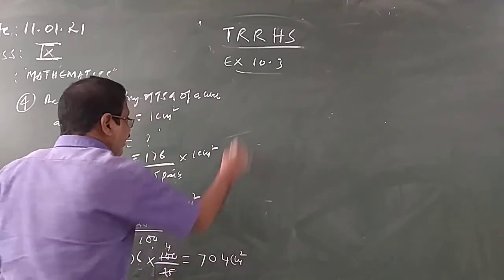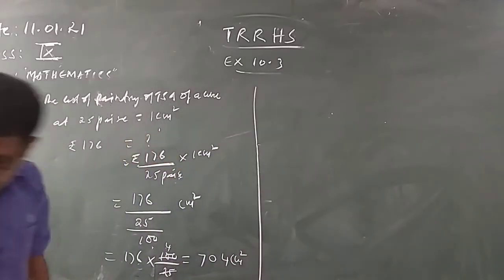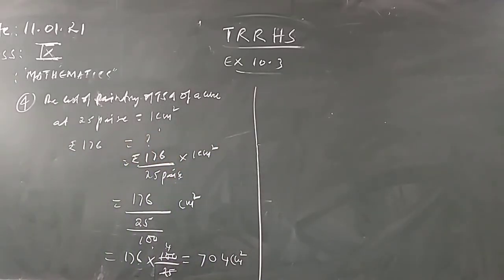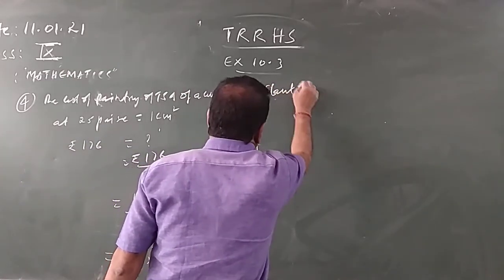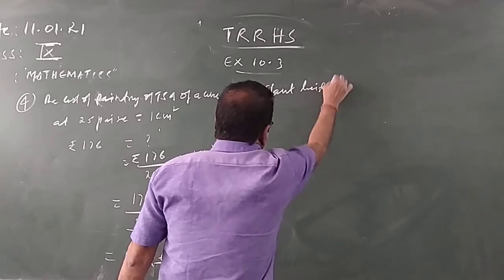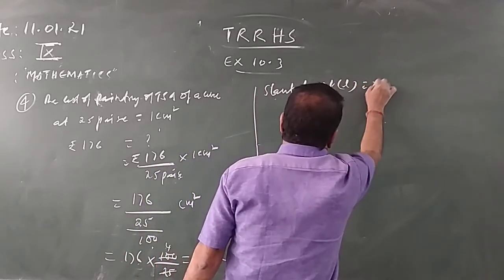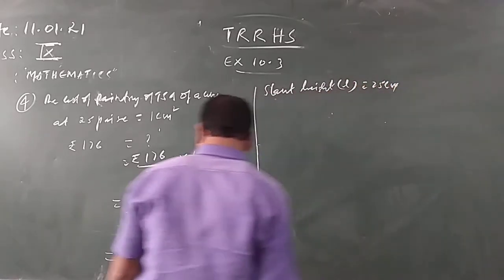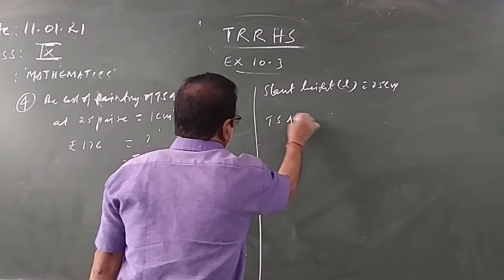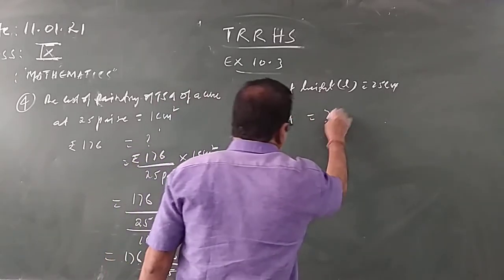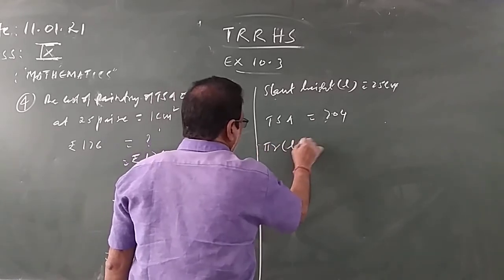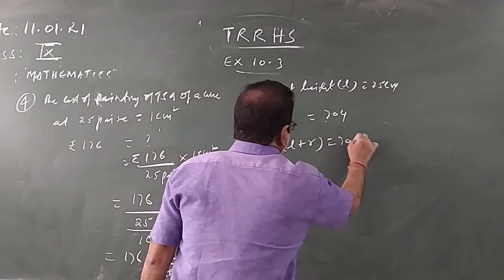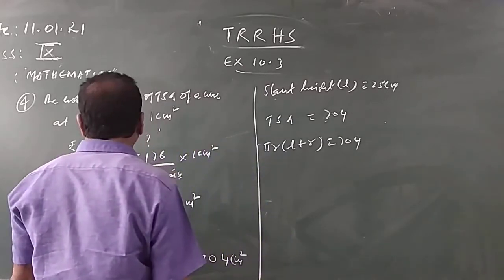And what is given here? The slant height L is equal to 25 centimeters. So the PSA is 704. The PSA formula is pi r into L plus r, equal to 704.